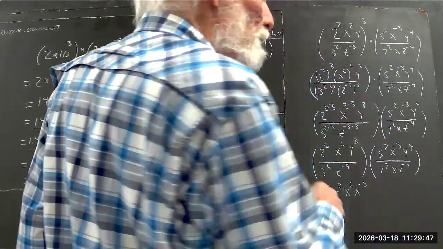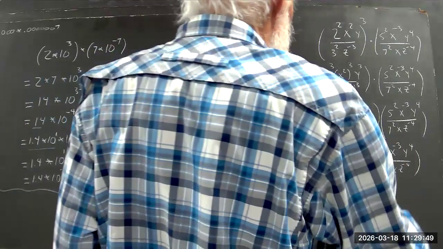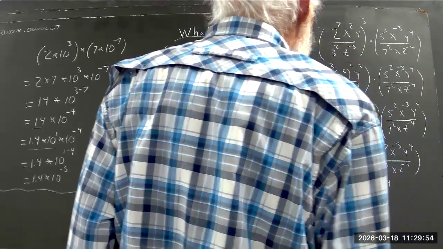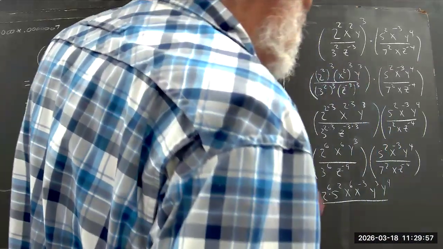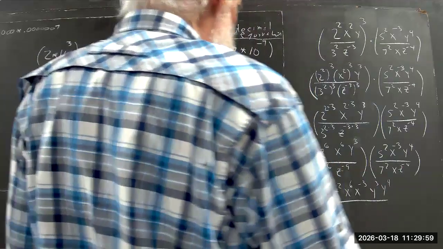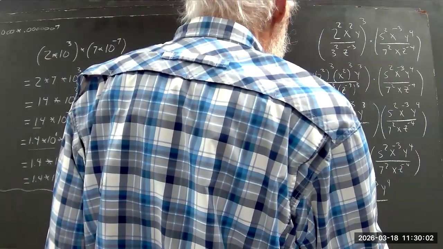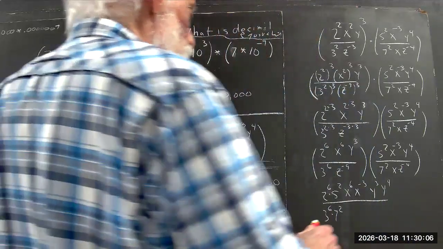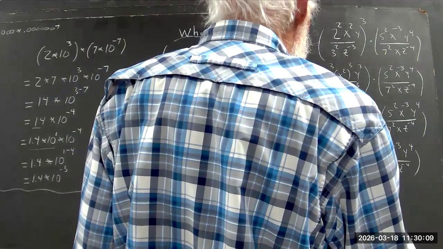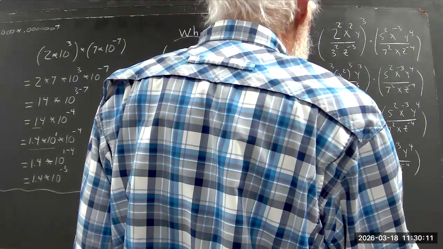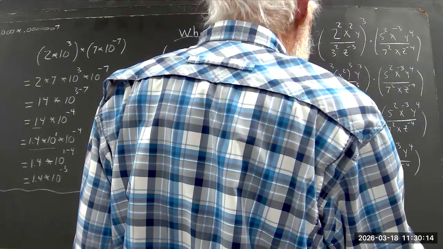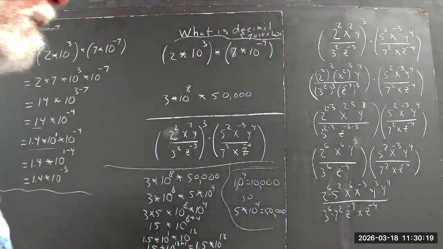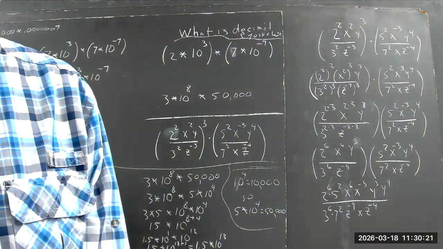And my y to the third, not y to the ninth, y to the third times y to the fourth. In the denominator, I can take my numbers 3 to the 6th and 7 squared, 3 to the 6 times 7 squared. And then it's going to be z to the negative 9th times z to the negative 4th. Okay.